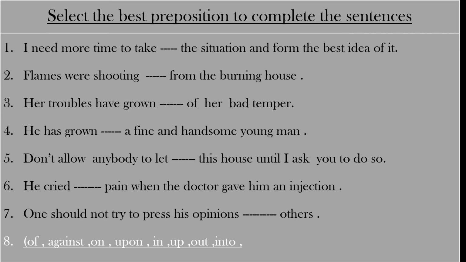Flames shooting up from the burning house. Flames are the tongues of fire, which are jumping up when a house is burning from the cinders and the conflagration. Now, her troubles have grown out of her bad temper. Her troubles have grown out of her bad temper, which means the result of her bad temper is the troubles she is bearing now.